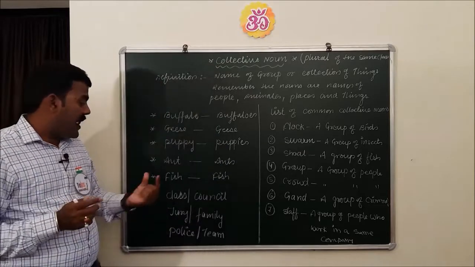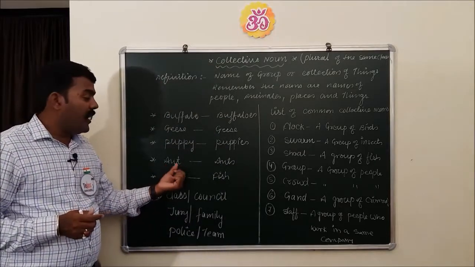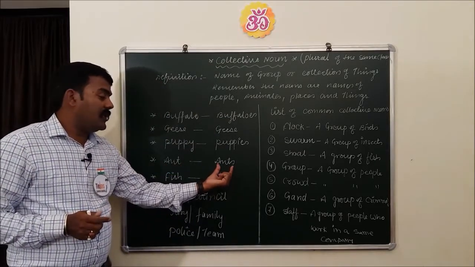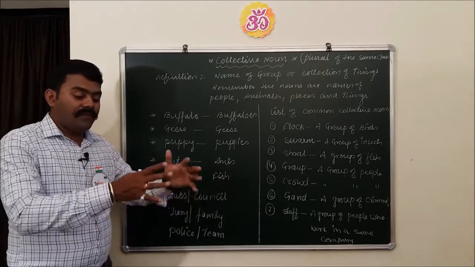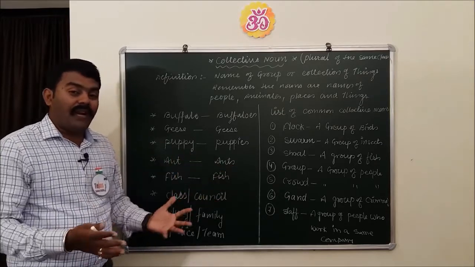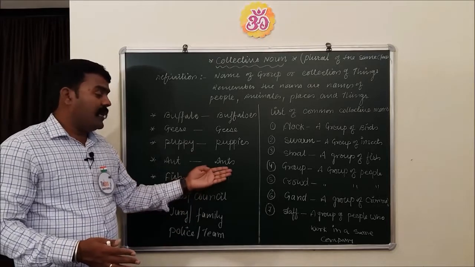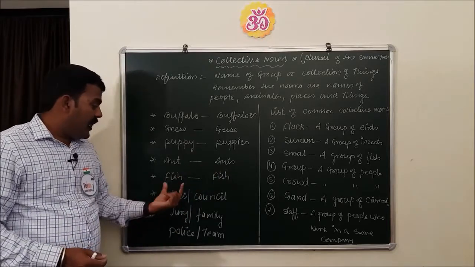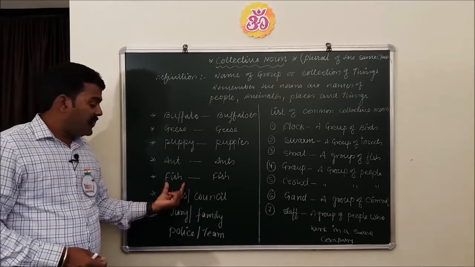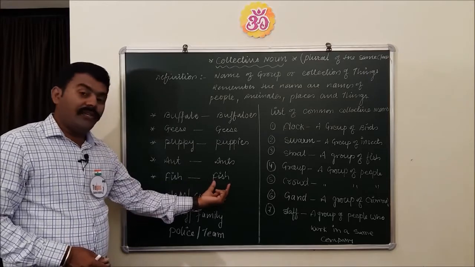And next is ant. We have so many ants, so it is called ants. For example, if a number of ants are there, we would say ants are there. And fish is already a collective name.